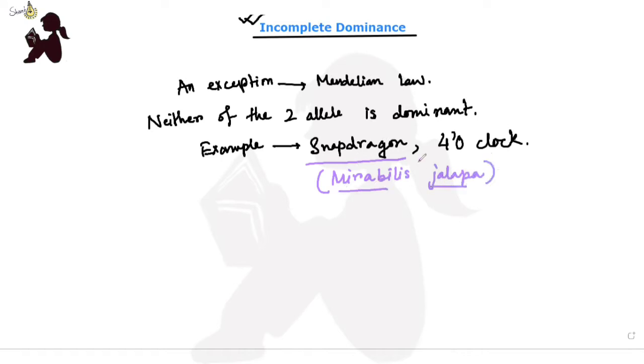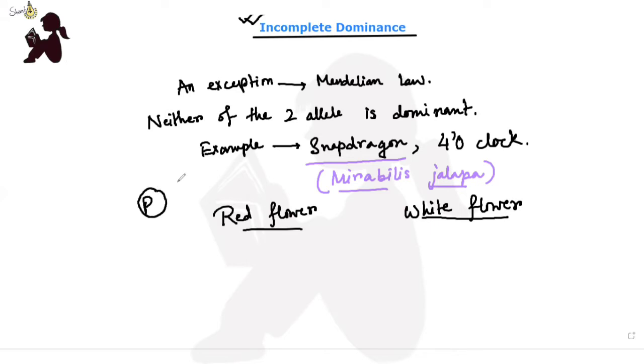The flower of this plant is an example of incomplete dominance. For testing, scientists chose a red flower and a white flower plant in the parent generation. These are true breeding plants.